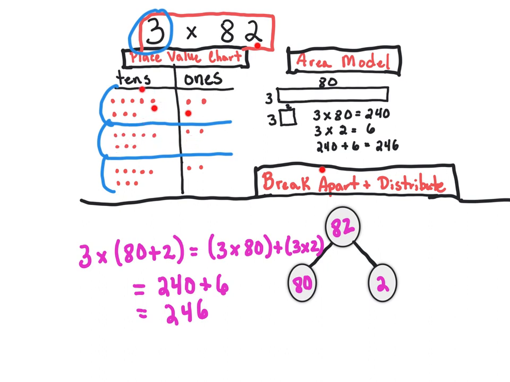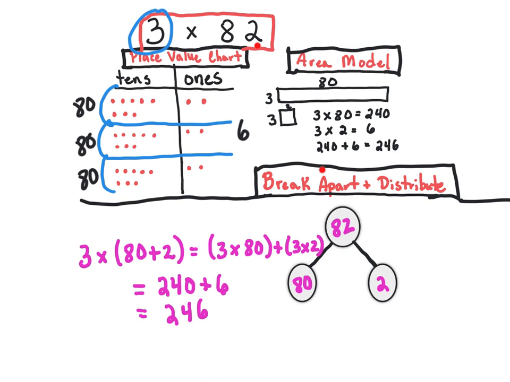So we got how many? We have 80 and 80 and 80. And then we got 2, 4, 6. We got 6 ones, and we add that all up, we're going to get our product.